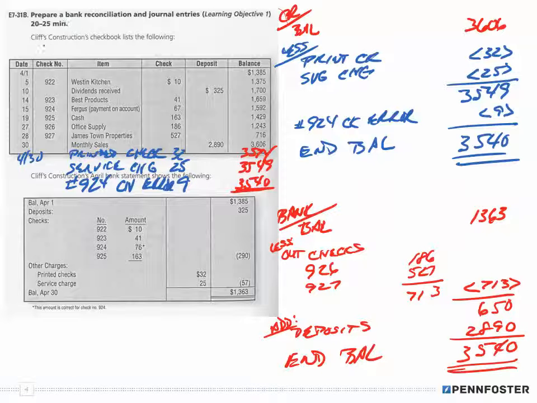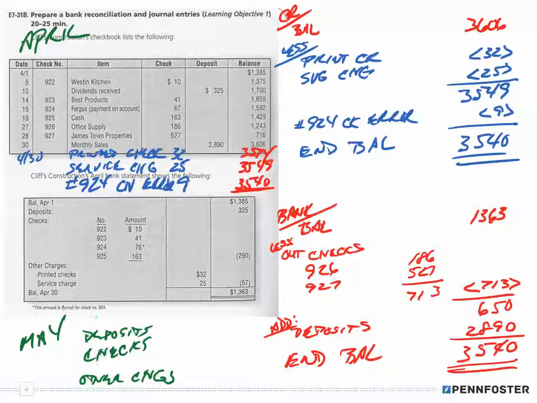Now remember, this was April, right? Let's say we go into the next month. We're going to get a bank statement for May. And on May's bank statement, you're going to see your deposits, and you're going to see your checks and your other charges, just like you do right here, just like on this bank statement right here.